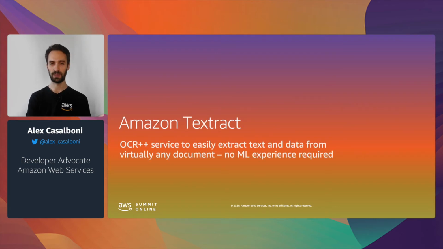Let me tell you a little bit about Textract itself. We call it OCR++. It's not super new. It's been there for a bit more than a year, maybe a year and a half. It's OCR, optical character recognition, but not regular.